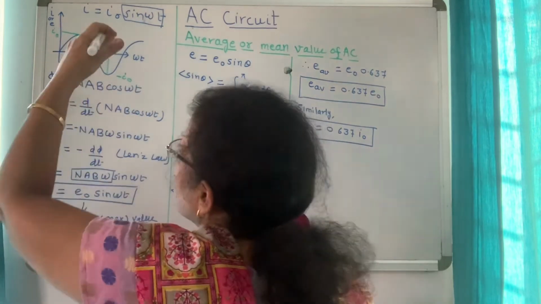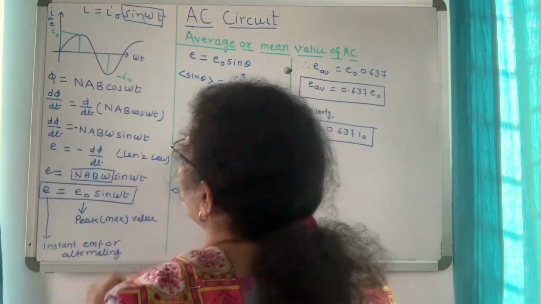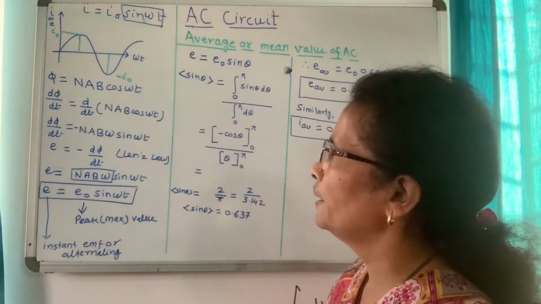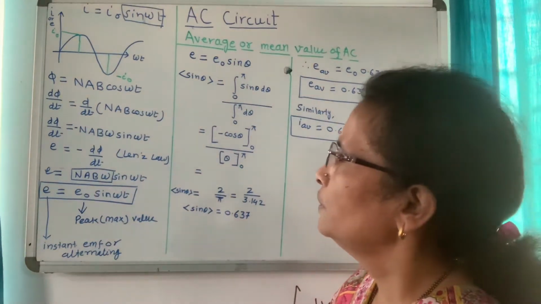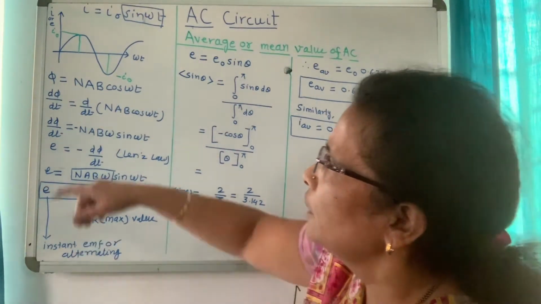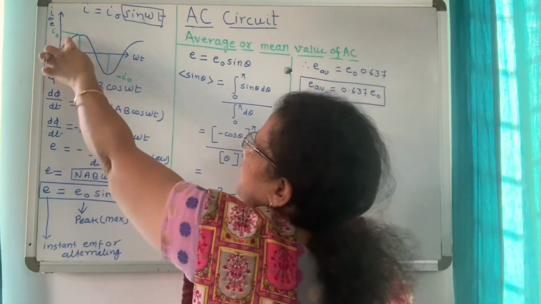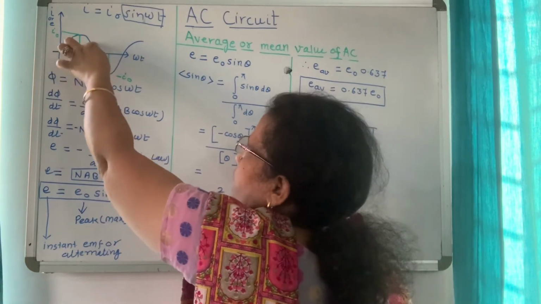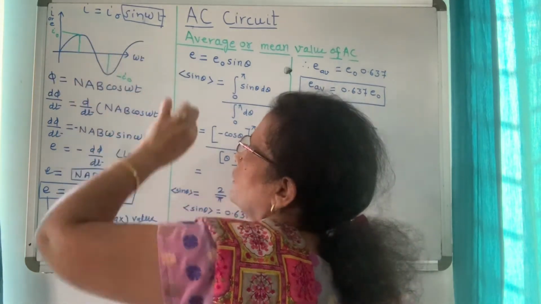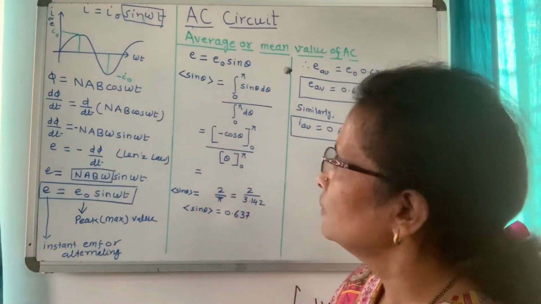If this graph is drawn for the EMF, this is the maximum EMF and this is the maximum EMF in the negative direction. So this is alternating current, sinusoidal in nature. Now again, try to understand this graph. This is one complete cycle. One positive part, the convex part, and one negative part, the concave part. It gives one wave, right?